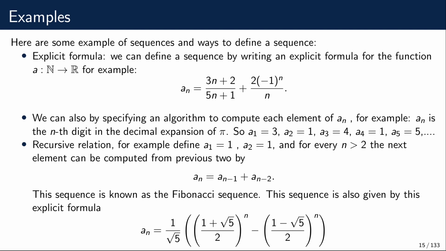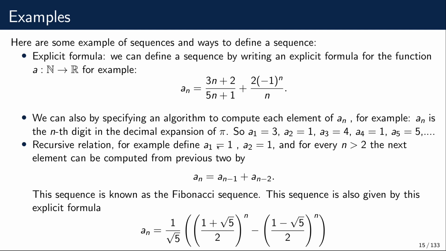Okay, and there's also the famous Fibonacci sequence, wherein we define the sequence by an algorithm again. We say that the first element is 1 and the second element is also 1, and then for every n greater than 2, we compute the next element from its two predecessors. This is the rule for computation.